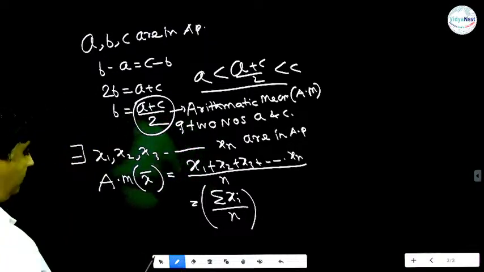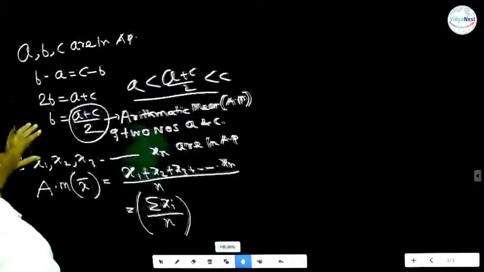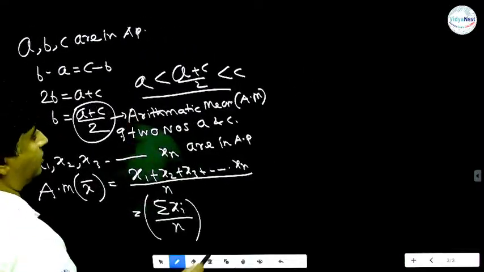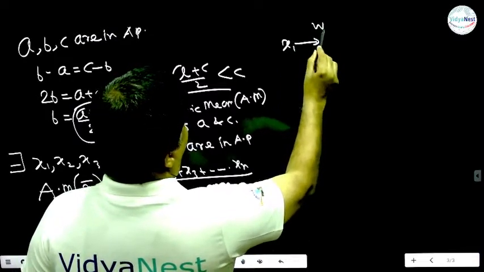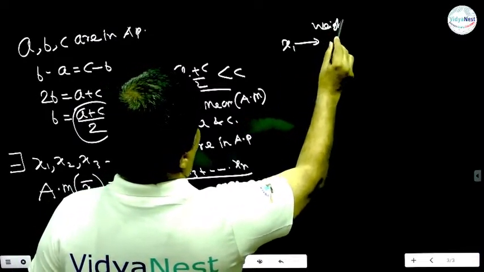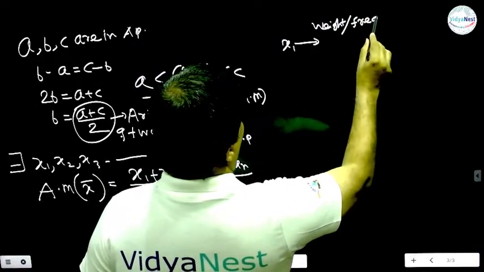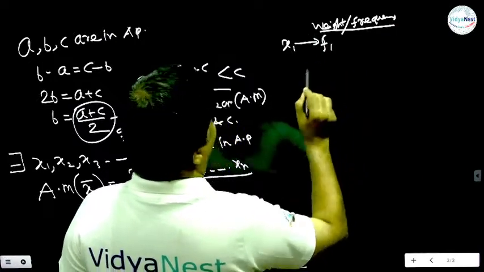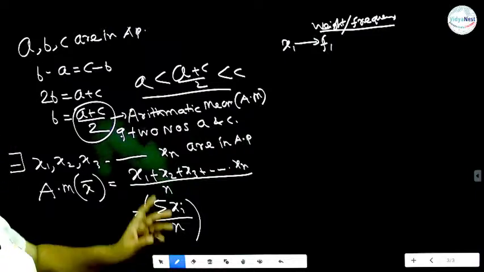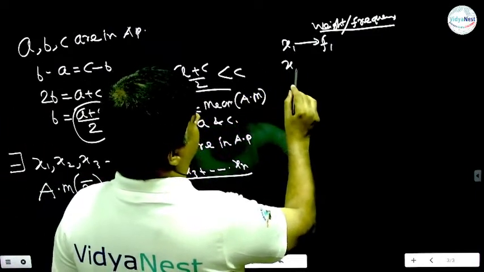But sometimes you will get arithmetic mean with frequency, which you are taught in statistics. Means suppose x1 is a variable that has weight or frequency. You are quite familiar with the term frequency. X1 recurs F1 times.